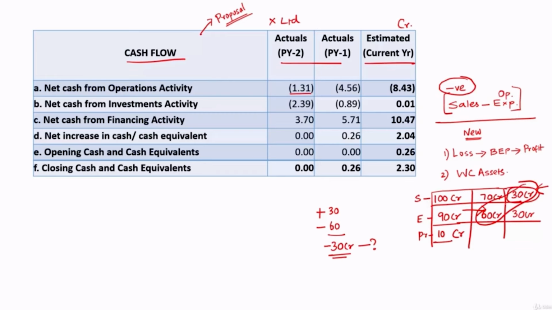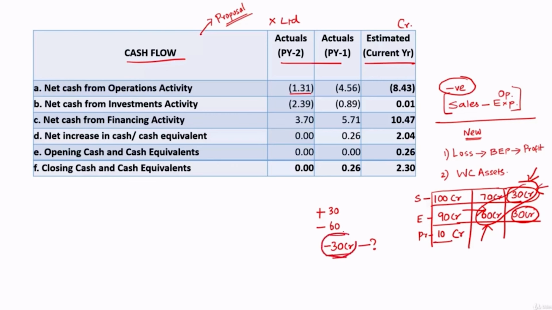Assuming the 70 crore is still debtors, it means not yet realized. Out of 90 crore, they have already paid 60 crore, and 30 crore is not yet paid, assuming it is still sitting as creditors. So you can see the cash that had come into the system is 30 crore, the cash that had gone out of the system is 60 crore, and all these are operational cash flows.